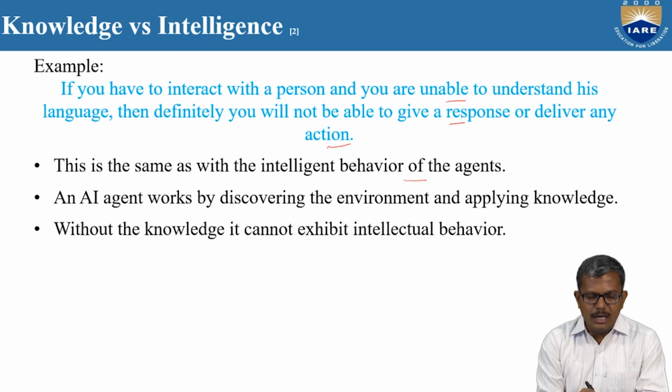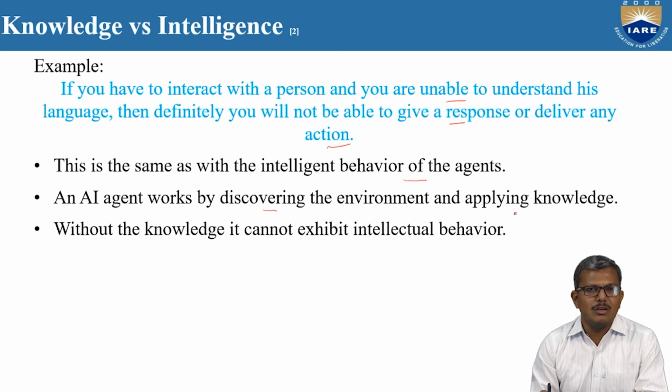So an AI agent works by discovering the environment and applying the knowledge. That's why the behavior of the AI agent in real-time cases matters. Of course, most AI agents work better in laboratory conditions, but when we deploy the AI machine in real-time cases, it should still act smart and show its behavior.